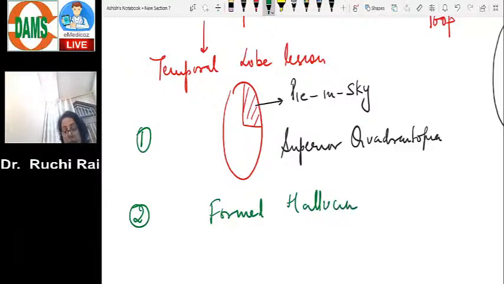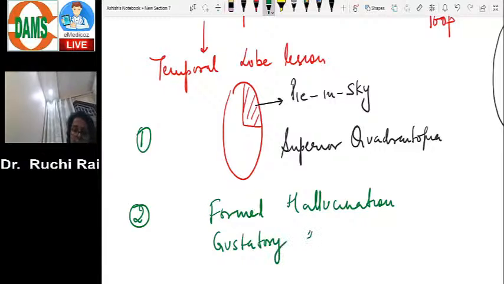And there can also be gustatory or olfactory hallucinations. So these are some additional features I would like you to remember for temporal lobe lesion. There may be more. Neuro people will teach you. This much from my side, because hallucinations are related to us, so I'm mentioning this.